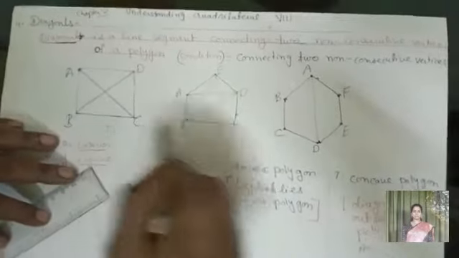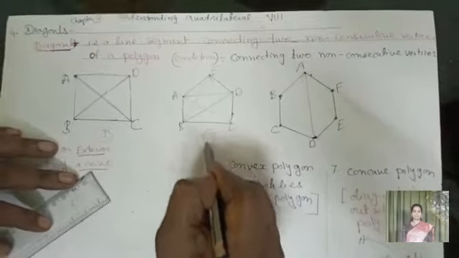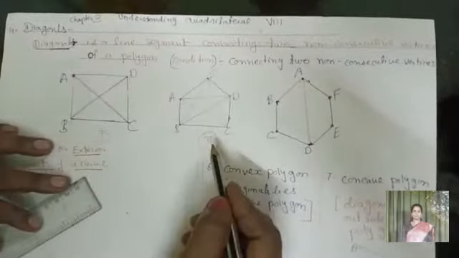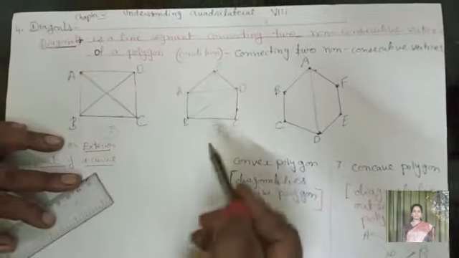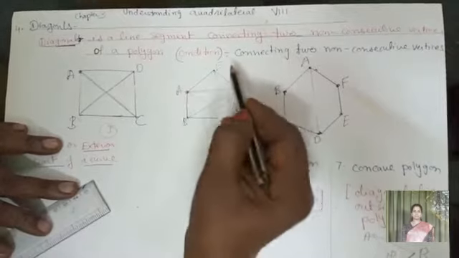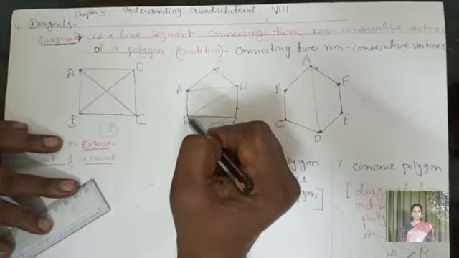Now, in the second figure, it is a 5-sided polygon, a pentagon. If A is a vertex, then E and B are the consecutive vertices.